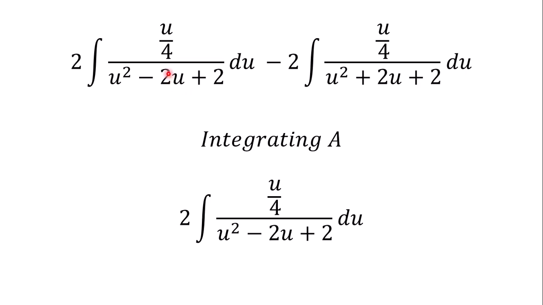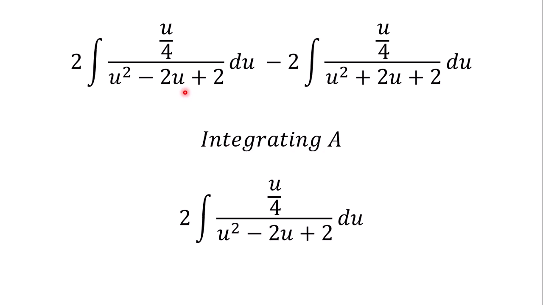We are going to solve this one separately and also solve this one separately. We will call this one A and also call this one B. After getting the answer for A, and after getting the answer for B, we just put the two answers together.